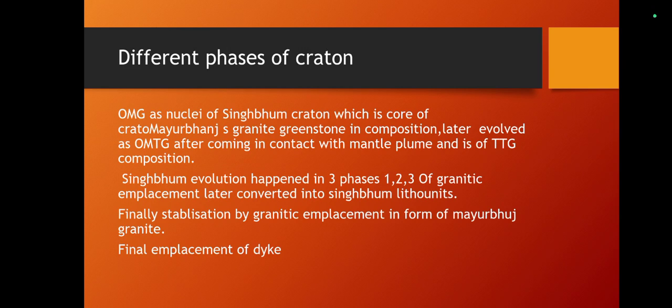Finally, by this type of mantle plume and crustal interaction evolution, the Singhbhum craton got divided, and finally it got stabilized by the granitic emplacement in the form of Mayurbhanj granite, and finally there is an emplacement of dikes, which led to the formation of the Singhbhum craton.